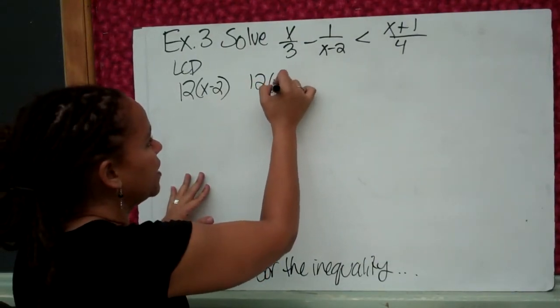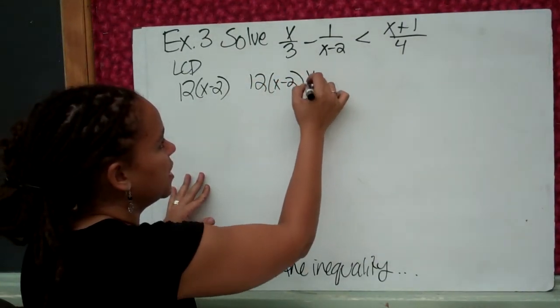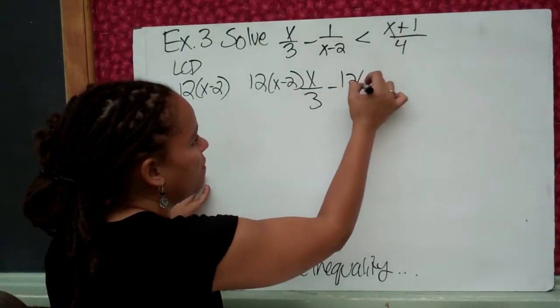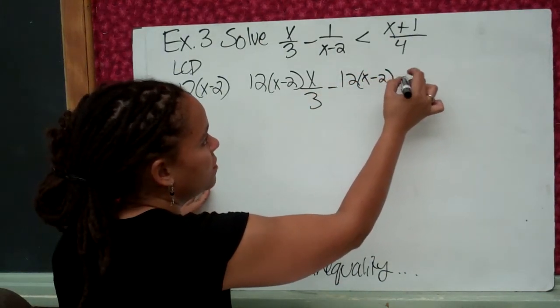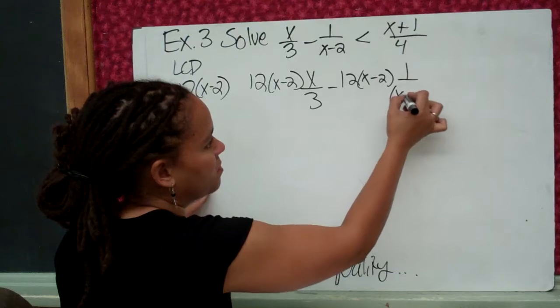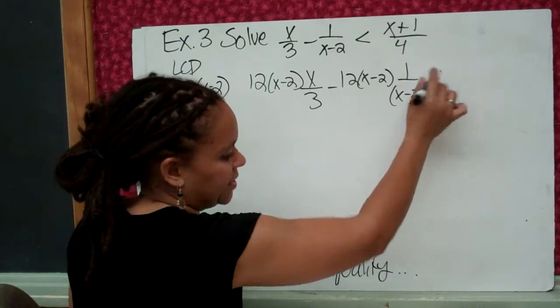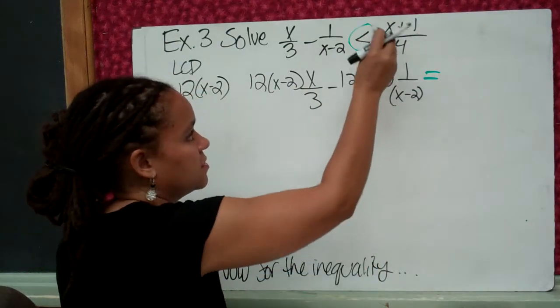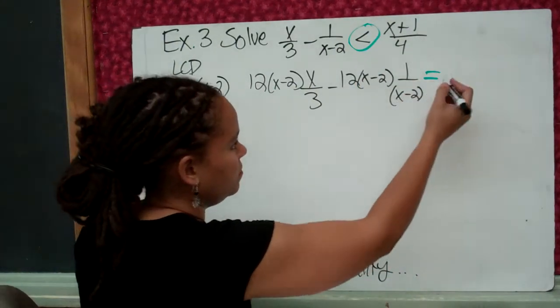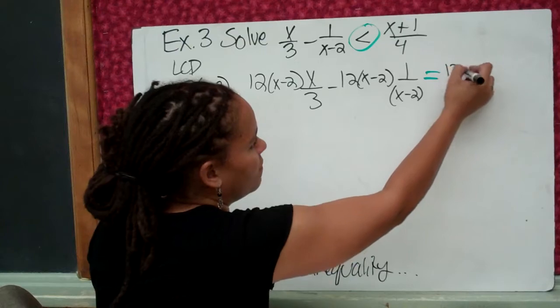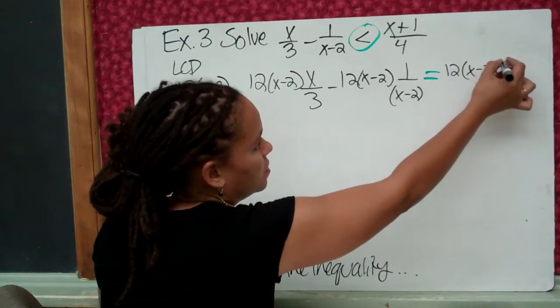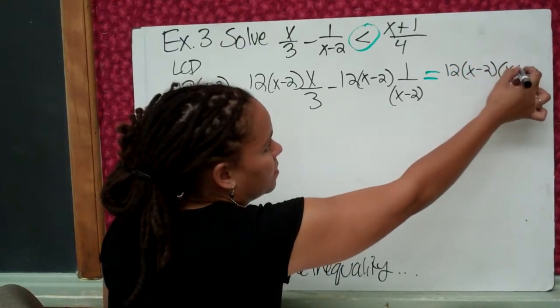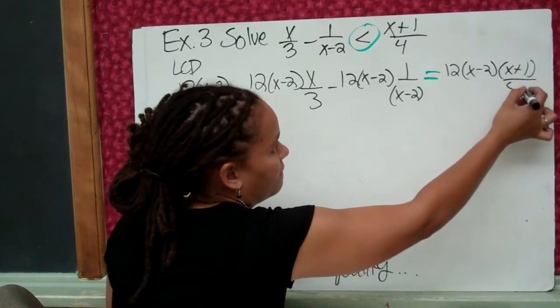So 12(x minus 2) times x over 3 minus 12(x minus 2) times 1 over x minus 2. And like I said, we're just going to make it equals for now. We'll deal with this at the end. Is equal to 12(x minus 2) times (x plus 1) over 4.